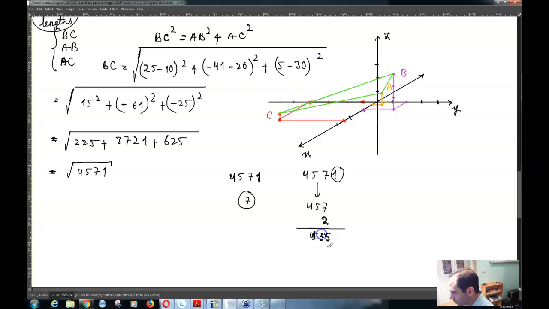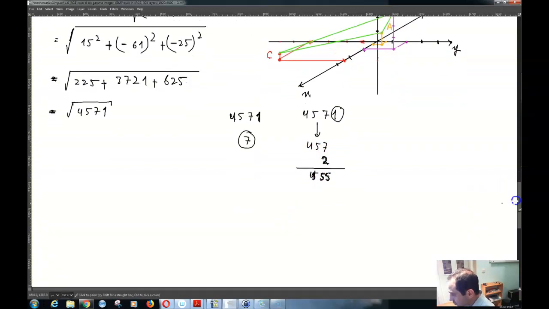Now, you still don't really know if 455 is divisible by 7 or not. If this number is divisible by 7, so is the number that you started with. But still this number, 455, is a little bit too large.